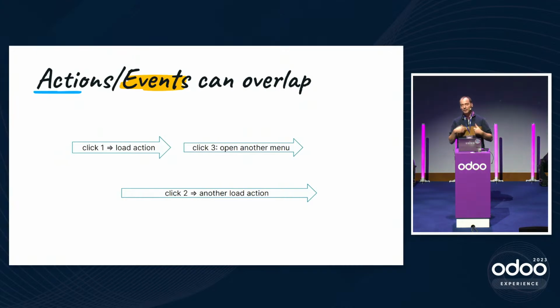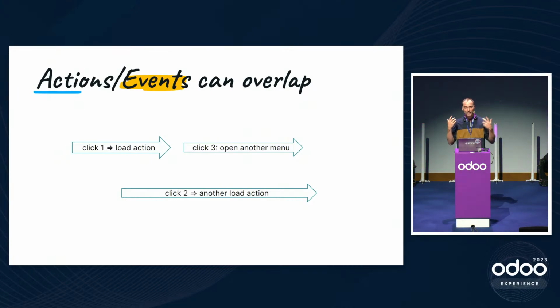Most likely that the last click would be visible and would lead to the last menu that the user was trying to open. But in truth, you don't know the order of the requests when they come back from the server. They may take some random amount of time.